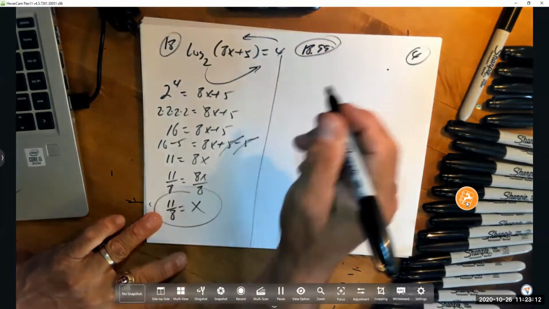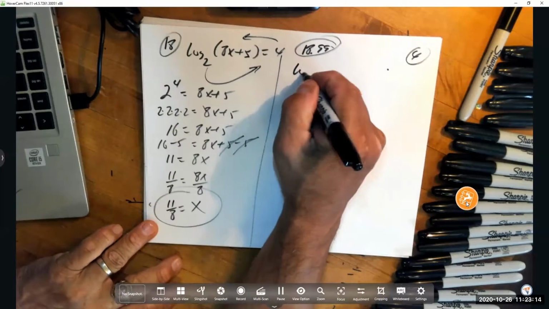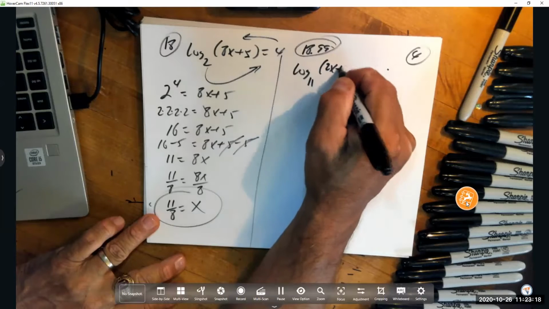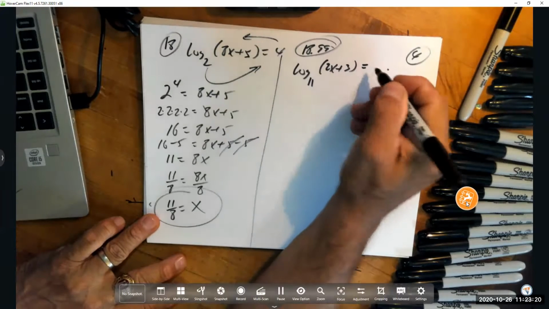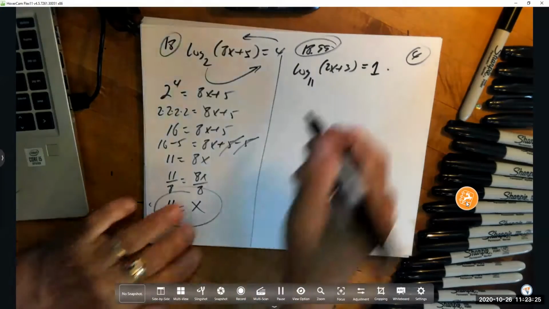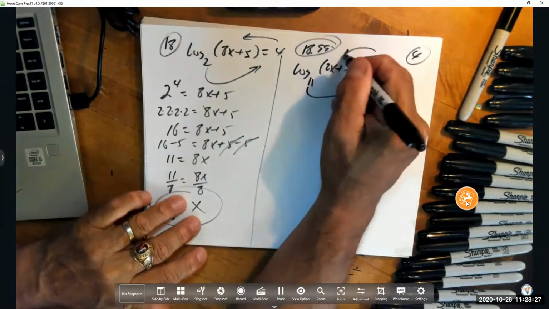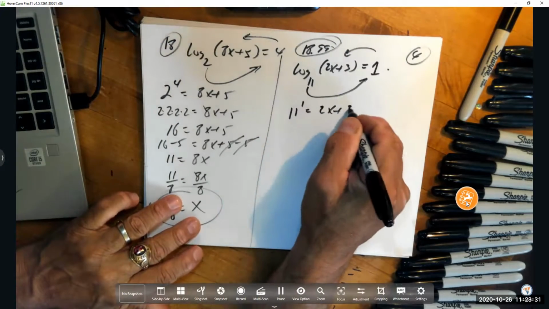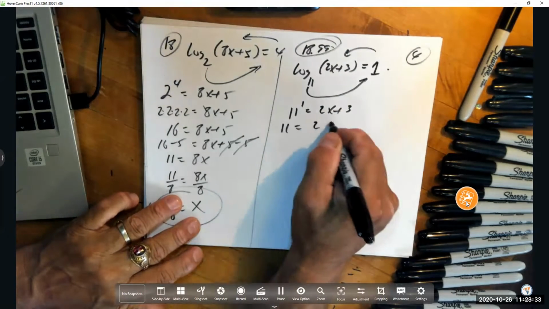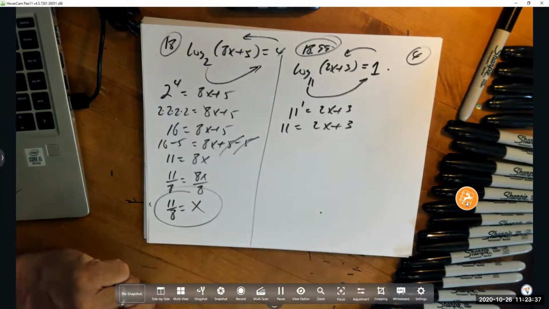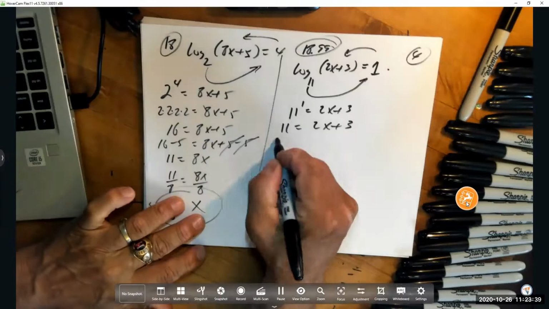Let's say log base 11 of 2x plus 3 equals 1. So that means 11 to the 1 is this answer. So 11 to the 1 power is 2x plus 3. So 11 is 2x plus 3. And then what's the next step? You tell me.